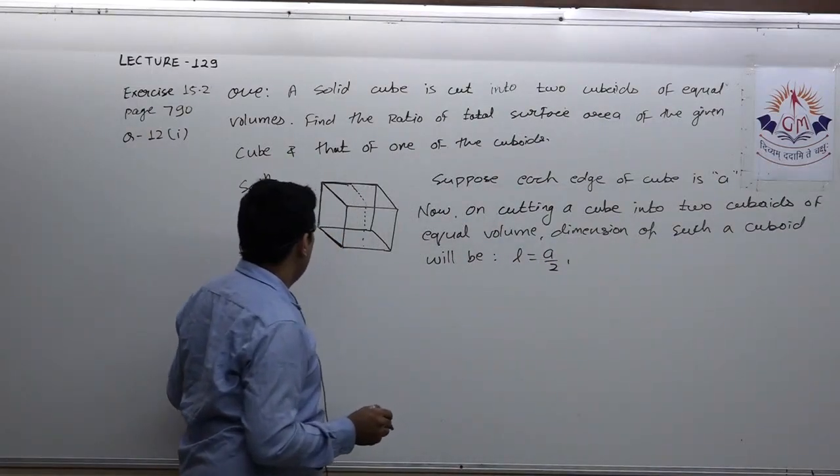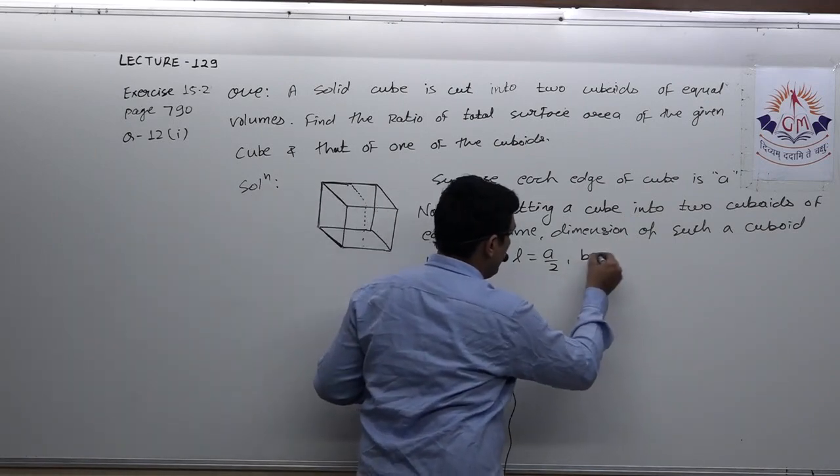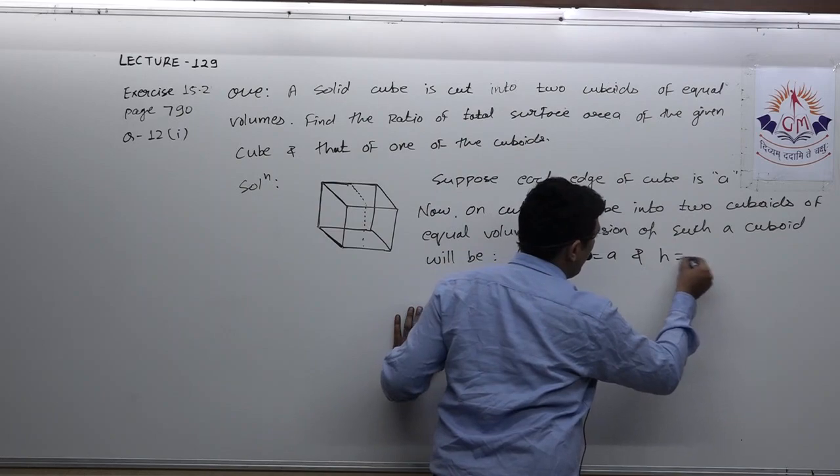B and H are going to be the same. B is equal to A and H is equal to A.